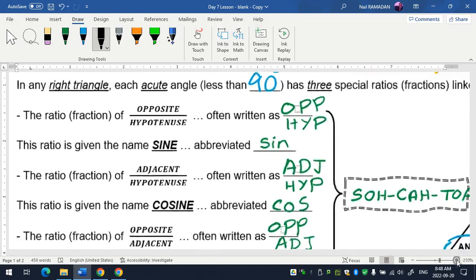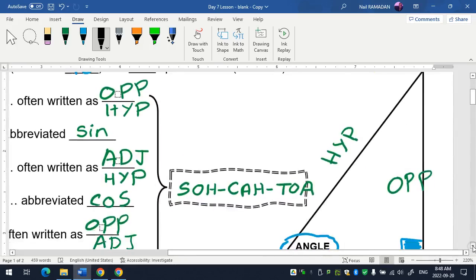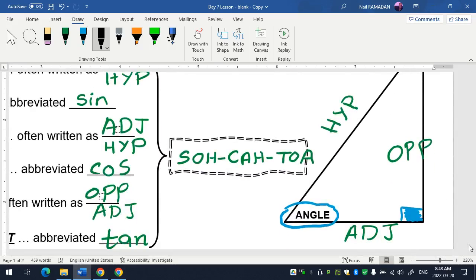I'm gonna zoom in so I can tell you exactly how to do it. On the S, just write sine. On the O, just write opposite, OPP. And the H, just write hyp. And by the way, I'm using lowercase now. You see, it doesn't really matter. It's just a way to write the words.